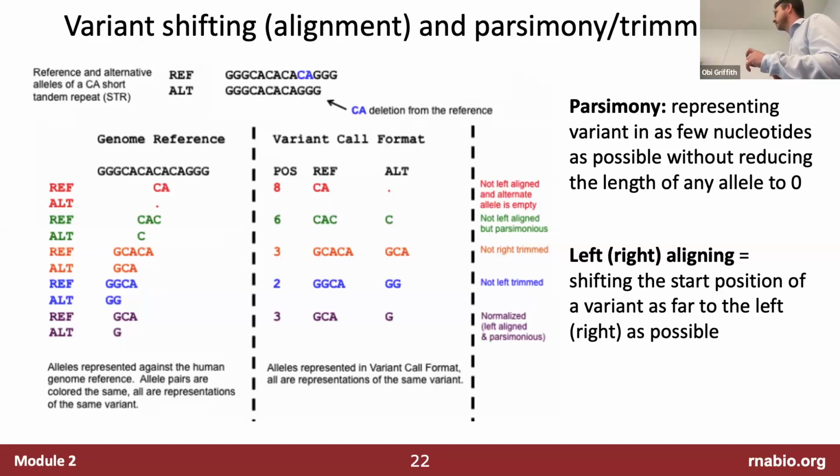The caveat is that you reduce to as few nucleotides as possible without reducing the length of any allele to 0, which is why you have that leading G. You could say that CA to nothing is shorter and more space-saving than GCA to G, but the recommendation is not to go all the way down to 0, to keep that one reference base, because that is sometimes useful. But GGCA to GG is inefficient.